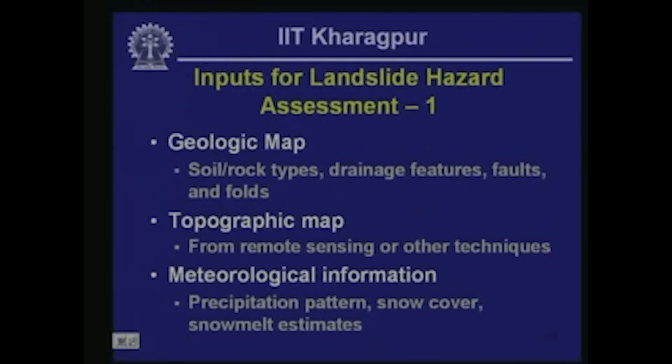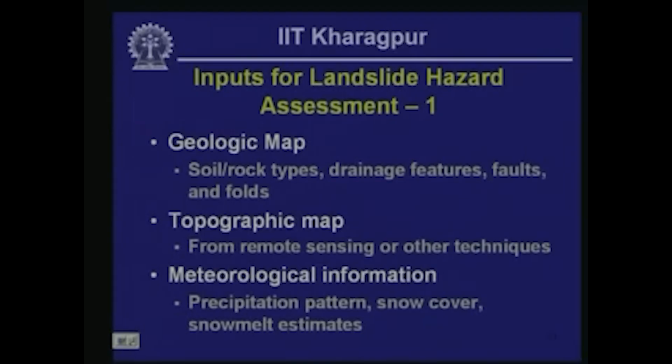We have to look at the geologic map of a given area in order to get a feel for what kind of soil or rock type is underlying it. We have to look at the drainage features of the given area, the presence of faults and folds, and whether the faults and folds that we find on a given geologic map are seismogenic, or themselves sources of earthquakes, or not.